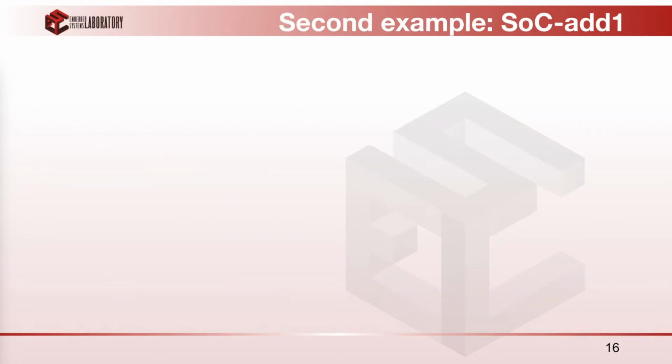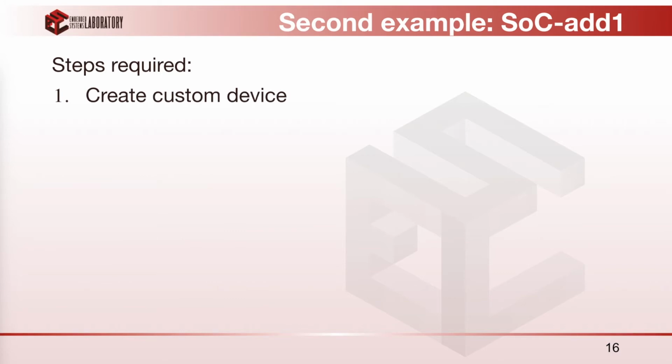Now, implementing this device does take a bit more code than the ISA extension example, but it is still relatively straightforward. I'll cover the high-level implementation details, and then the rest of the code is provided for you. So, the steps required to implement an add1 SoC device are as follows. First, we have to create the C++ device model and implement its methods.